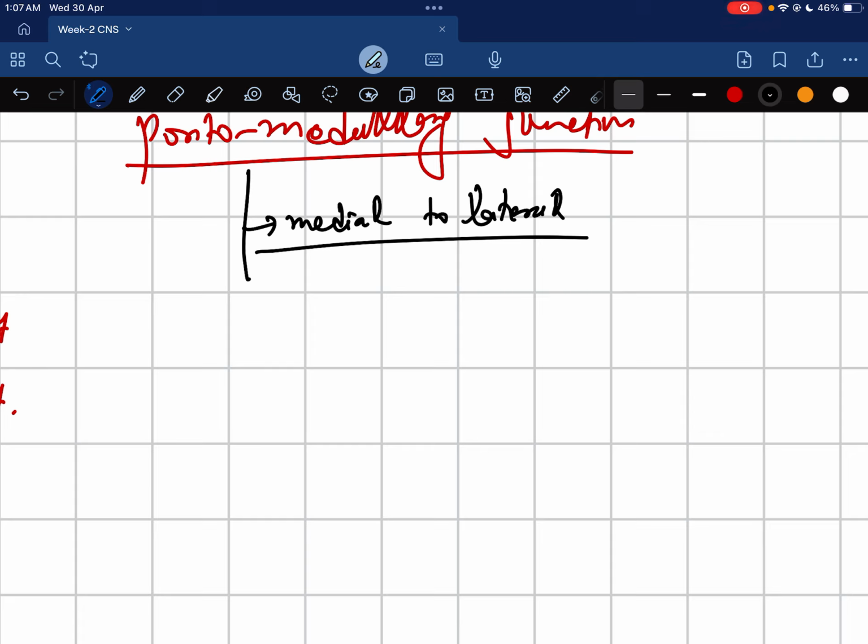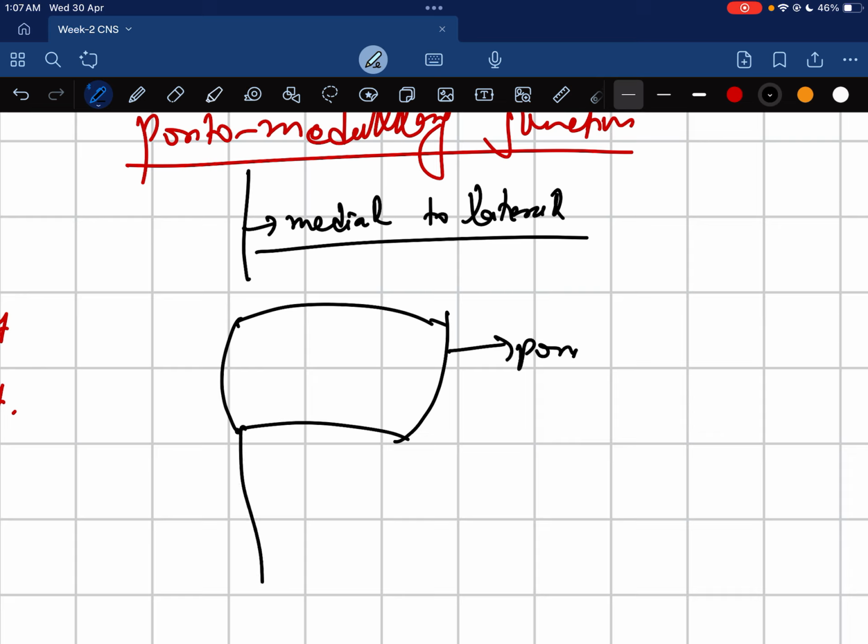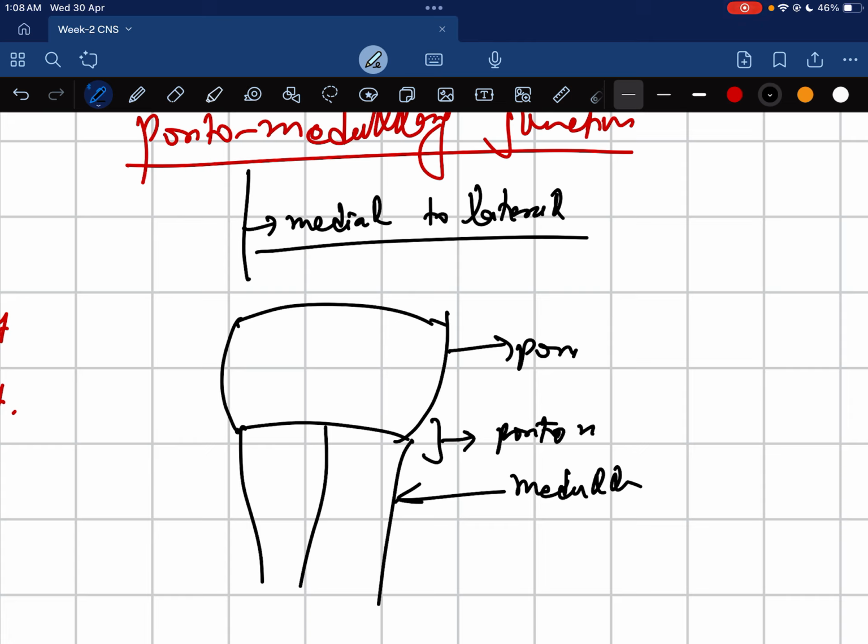When we look, this is the pons, and here is the medulla, and here is the junction called the pontomedullary junction.